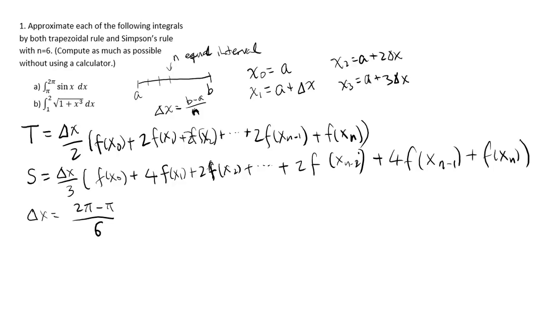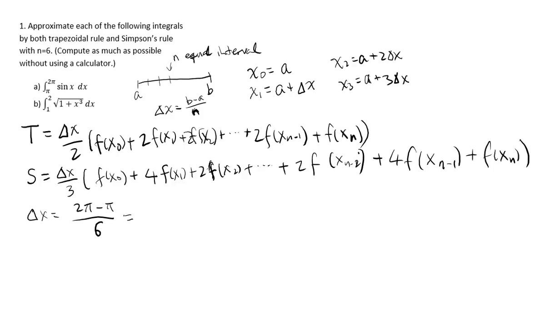Whenever you have any kind of rule, you probably know that there are more than this: there's a left sum, right sum, the midpoint formula, and all these other ones. You should have them memorized, and whatever formula you use, you should always start by computing delta x, because delta x gives you the length of one interval. It's also the step size for figuring out these points. If you know one point where you begin, then the next point is that step size added.